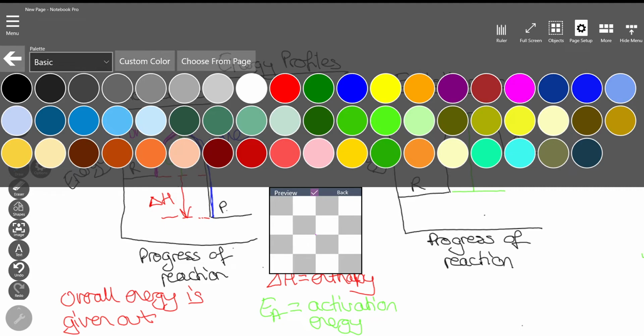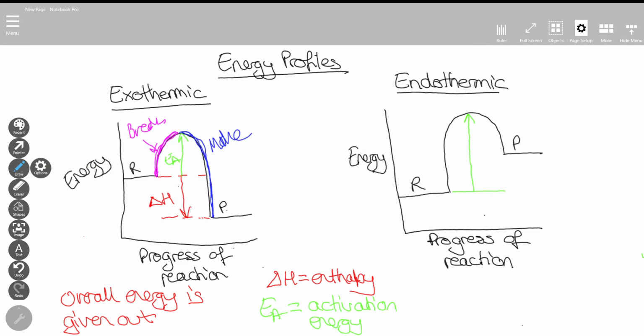So we see that overall energy gets taken in rather than given out. So we still start off with our reactants, and the bonds in the reactants have to be broken first. So as those bonds are being broken, that means that we're having to put energy in at this point. So the energy level of the reaction is rising.